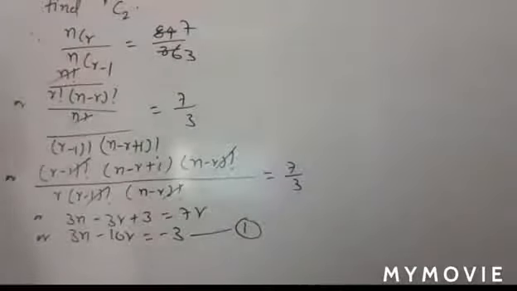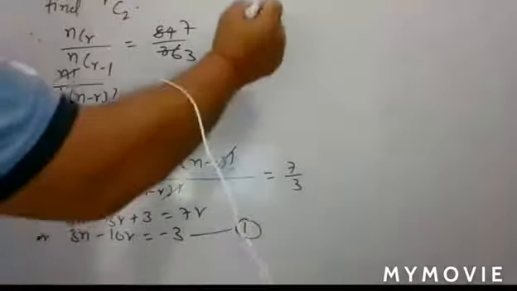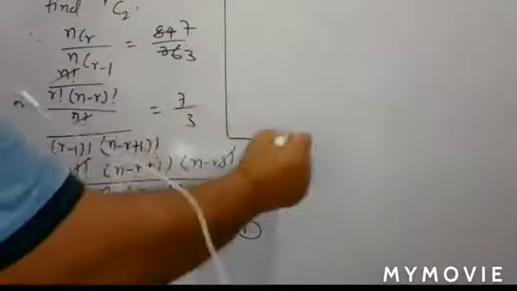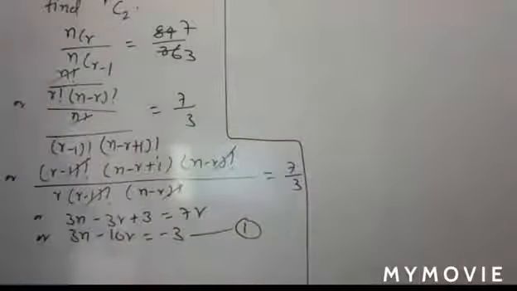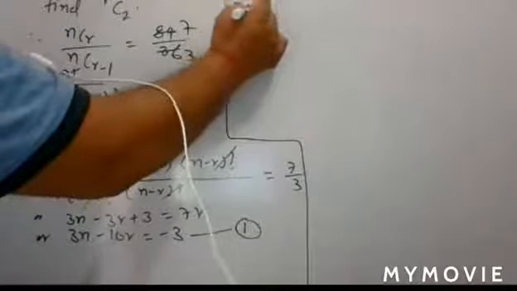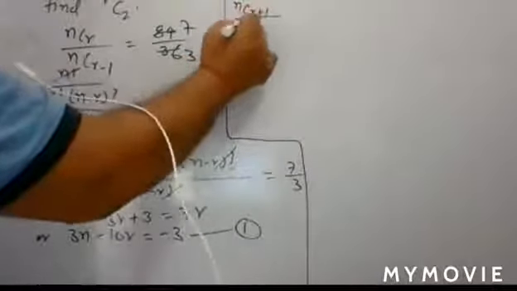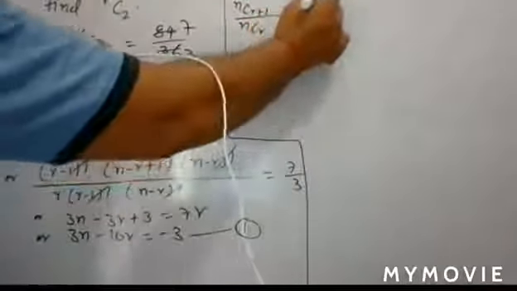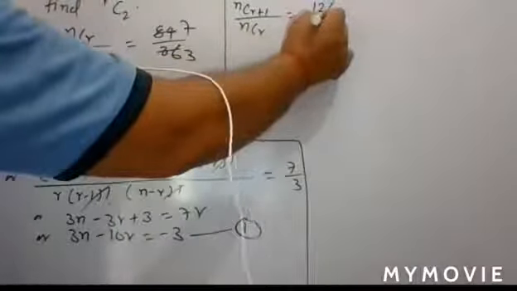In the same way, you take the ratio of the last two. So here you can write nCr plus 1 divided by nCr is equal to 126 upon 84.